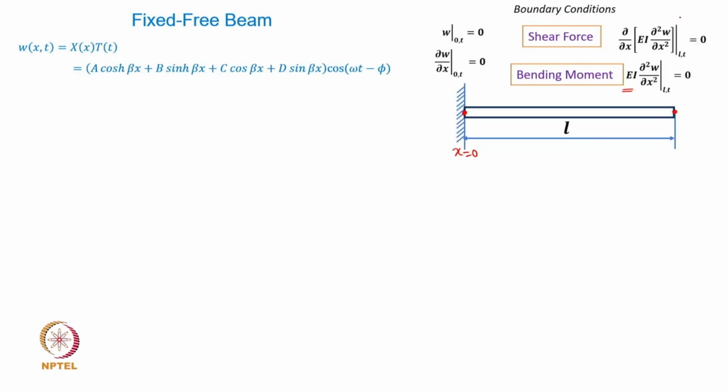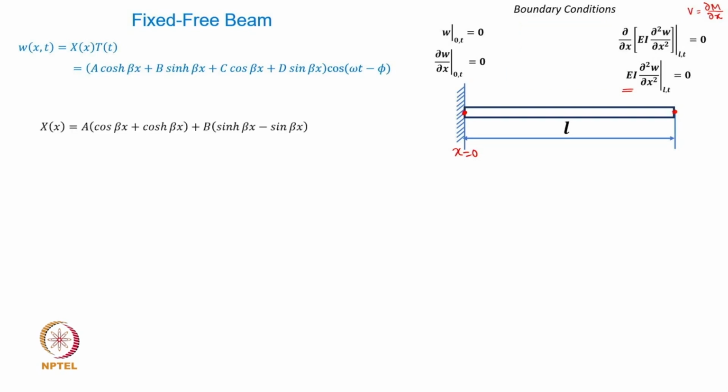And we know that the shear force V is dou M by dou x, and so the derivative of this with respect to x is going to be equal to 0. So these are all the four boundary conditions that we have for a cantilevered beam, and those four boundary conditions should give us all the unknown constants, the four of them that you see in the expression of the response w(x, t).